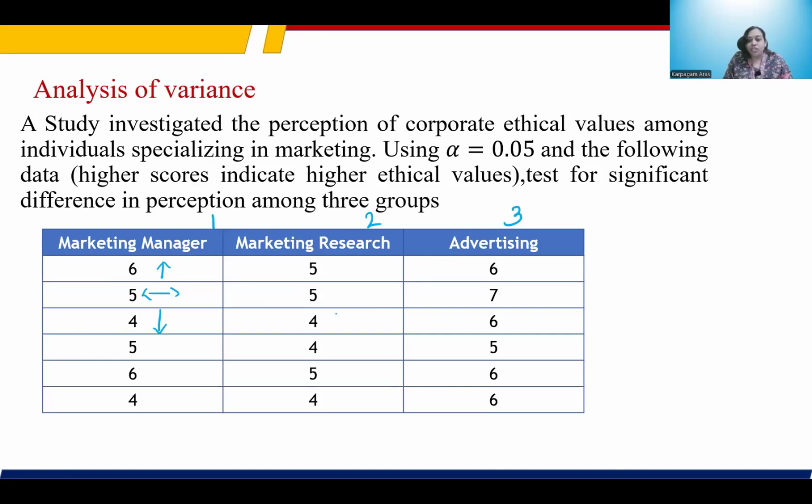In marketing research, the least is 4 and the highest is 5. For advertising, 5 is the least, 6 is the moderate, and 7 is the highest. This means the perception of the corporate ethical value is not the same across the three groups. To prove this statistically, we have to solve it.